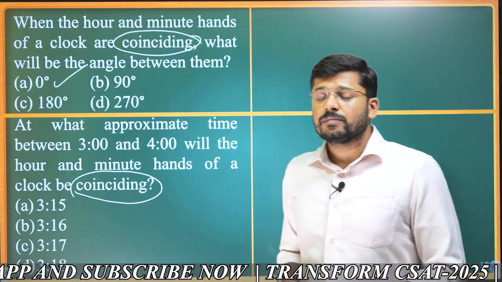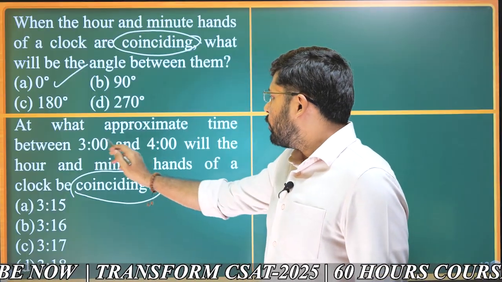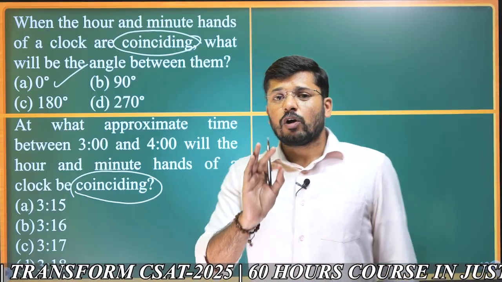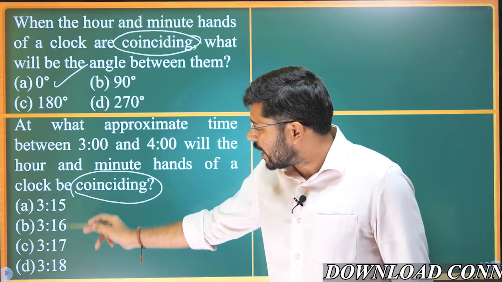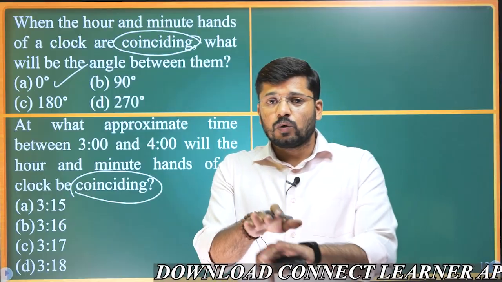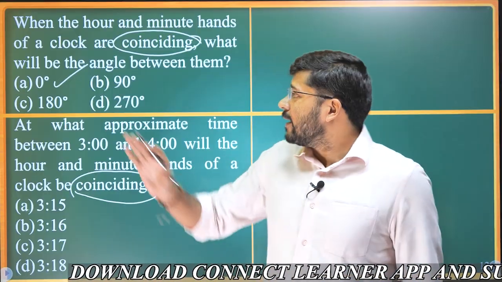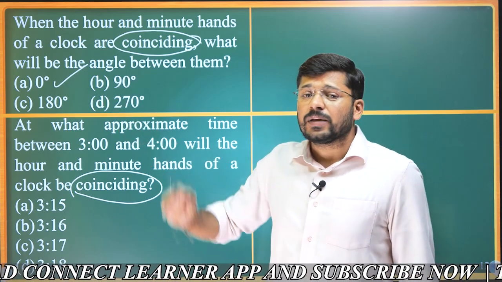So, how do we find it? There is a method to find this. Between 3 and 4, the hour number will always be 3. Look at the options, all of them are 3. Now, we need to find at what exact minute they will be overlapping. Here we learned that when they are coinciding, the angle will be 0 degree.